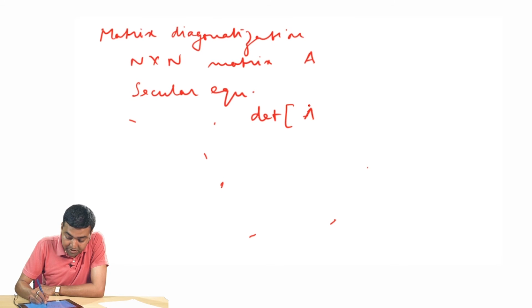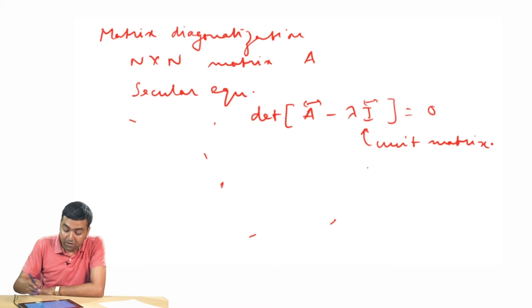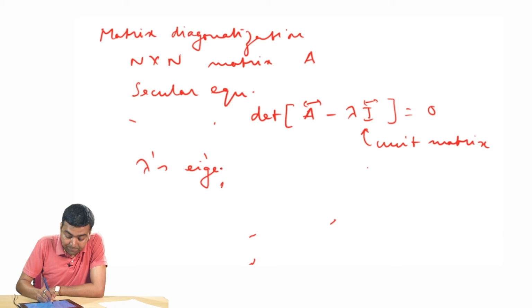That is, determinant of A minus lambda I equals 0, where I is the unit matrix and the lambdas are my eigenvalues.